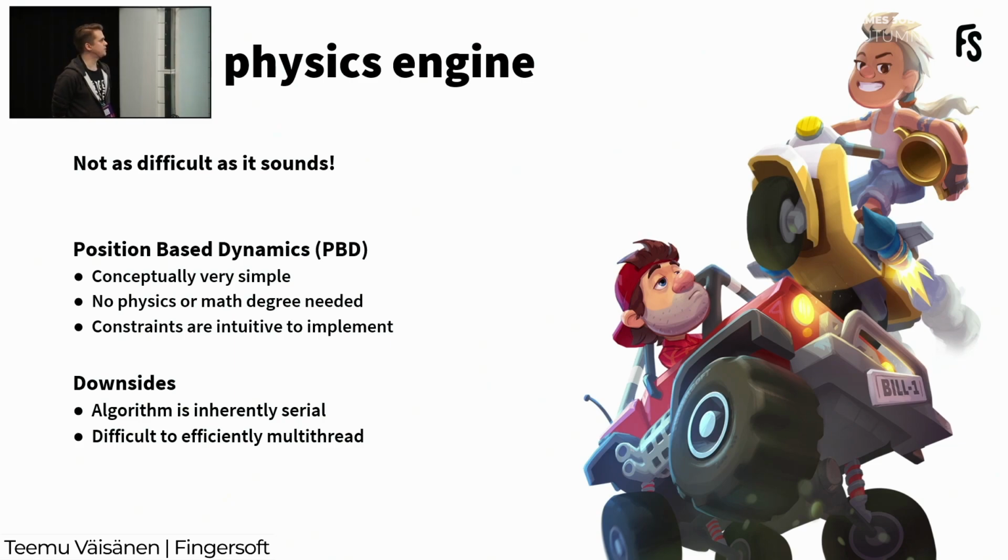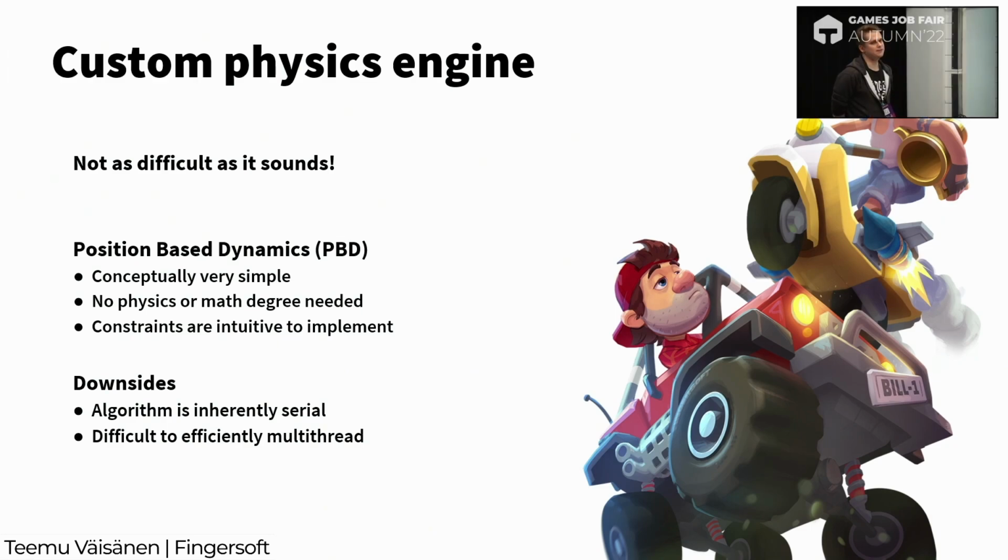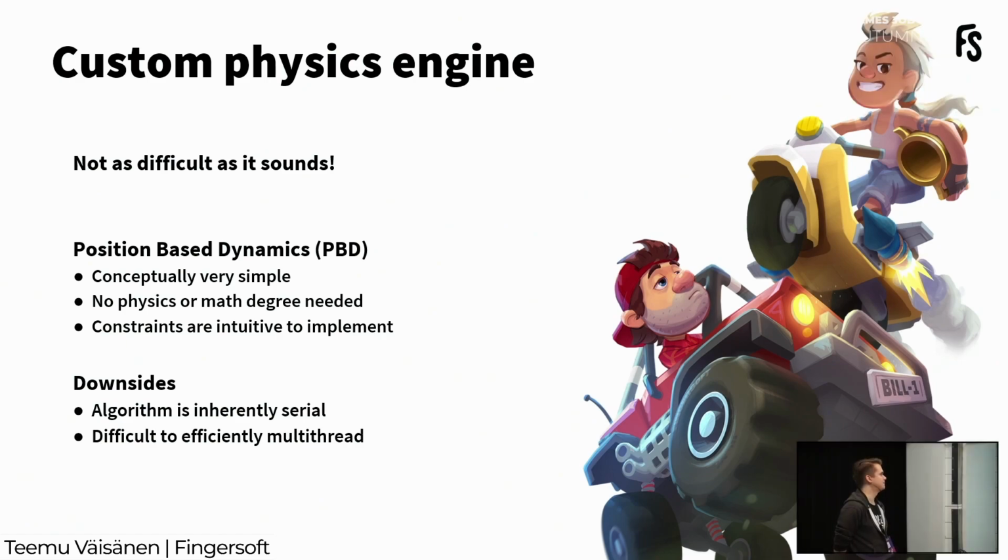We chose this because it's conceptually very simple to implement, and I would say that you don't need any physics or math degree to get started. It's a super simple concept, and the bit that I personally like most is that the constraints are super intuitive to implement. You don't need to think about impulses or forces or whatever that you usually have to do. You're only thinking about the position of a point.